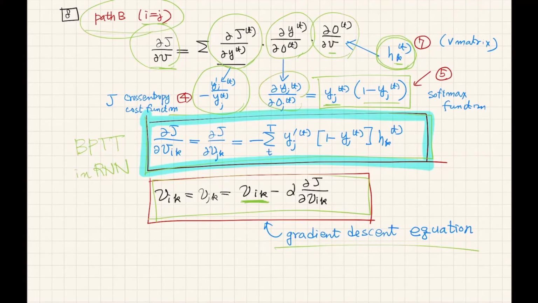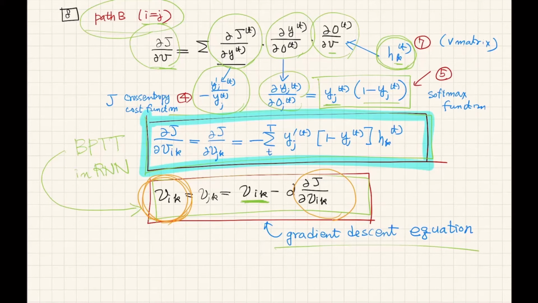By having this backpropagation through time in RNN, we can update the V matrix. So what we can see is that, during the training process, I would like to update the V matrix element, then we can apply this equation. And then we need to know the derivative of the total cost function with respect to the V element of the matrix.